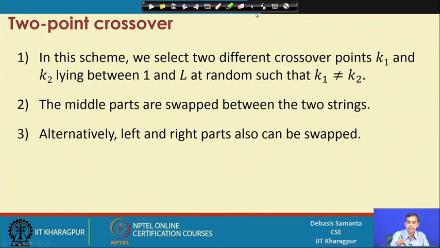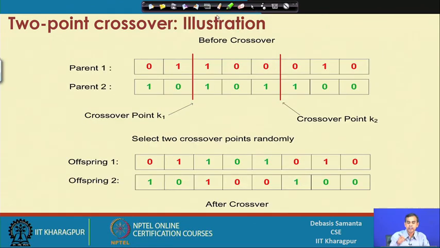So, let us see an example. Here is the illustration. In this example we select one k point here and another k point here, say k1 and k2, and then the two offspring will be obtained by swapping their middle parts. That means this part is swapped in between.